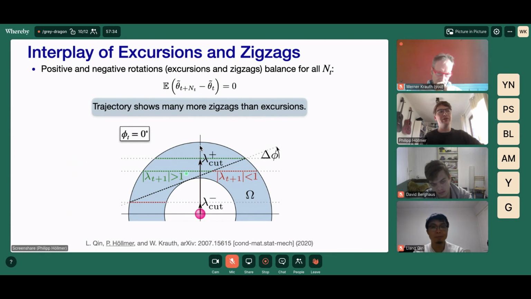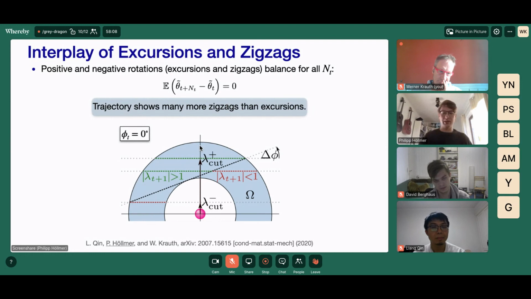If it does not do this, there's always a high probability that it lands on this red line here, and then it goes into another zigzag. So this is just a small microscopic explanation for why we have many more zigzags than excursions. With this, I basically conclude the explanation of the very interesting, highly non-diffusive trajectories of the dipole angle in our sequential Monte Carlo scheme.